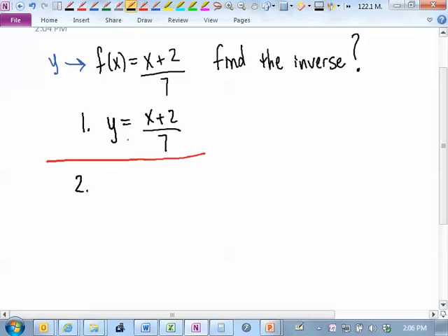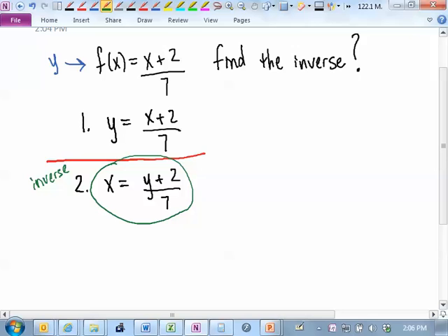Step 2 is when you switch the x and y. At this point, I no longer have the same function because I interchanged them. This thing right here is the inverse. It just isn't in function notation, but it is the inverse.